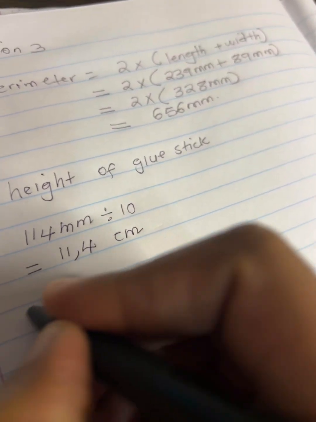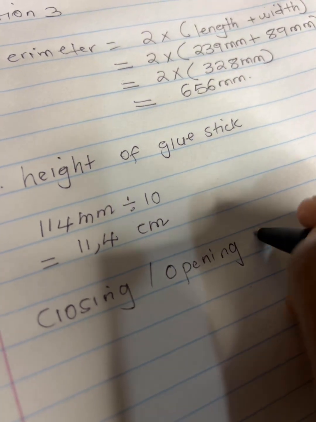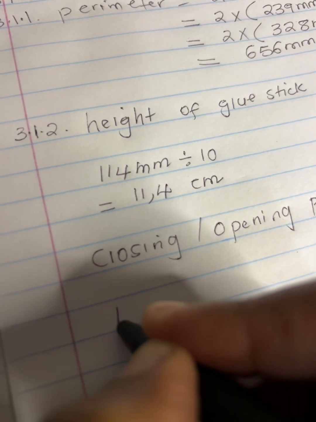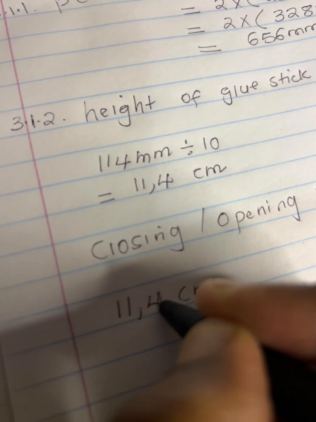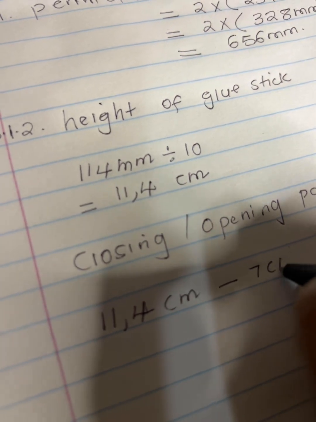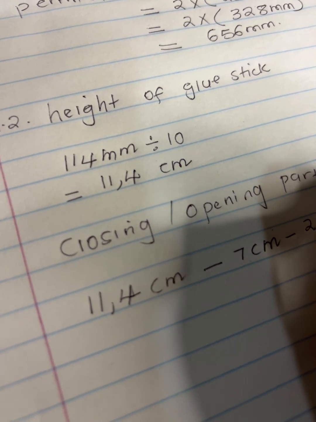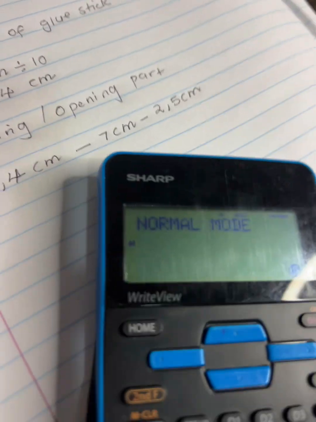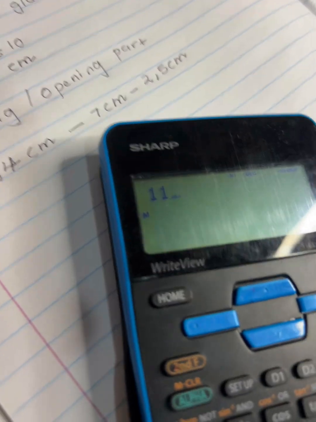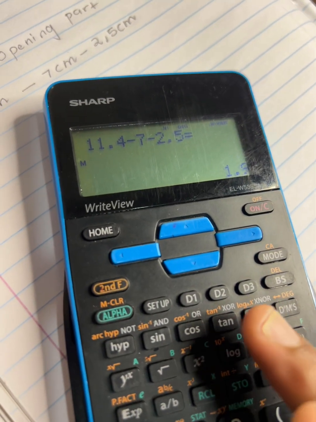So to calculate the closing or opening part, we say 11,4 centimeter, which is the length of the glue, and then we subtract 7 centimeter, which is the middle part, and then we subtract the cap, which is 2.5 centimeter, and the remaining answer will be the lid. 11,4 minus 7 minus 2,5, and the answer is going to be 1,9 centimeter.